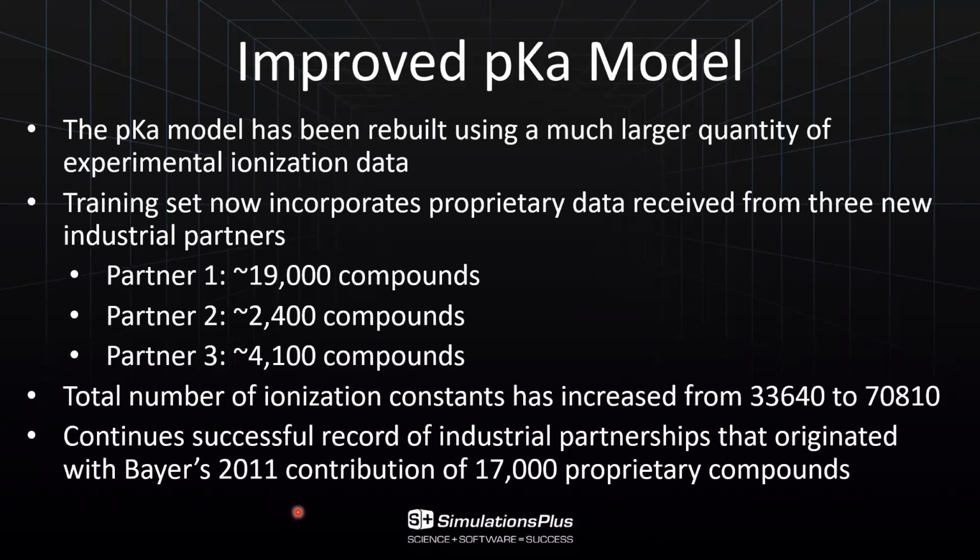And I'll just remind everyone that the pKa model resulting from that earlier collaboration was already ranked as the top performing QSAR-based model in the SAMPL6 pKa challenge. You can find that publication in the Journal of Computer-Aided Molecular Design from 2021. So we believe that this improved model will keep us well ahead of the competition.